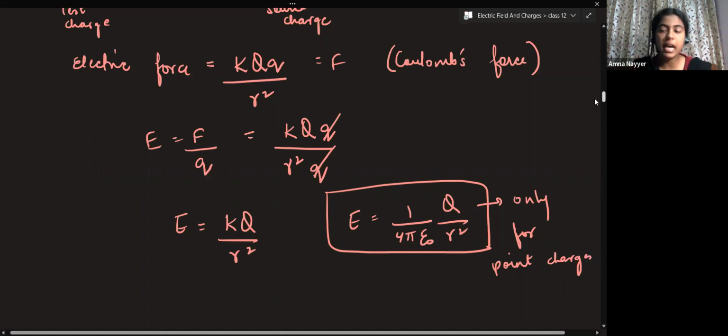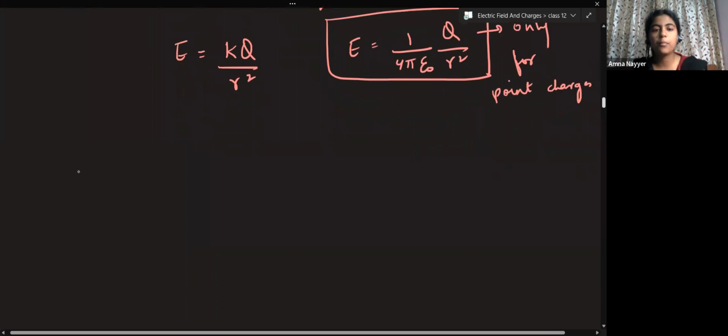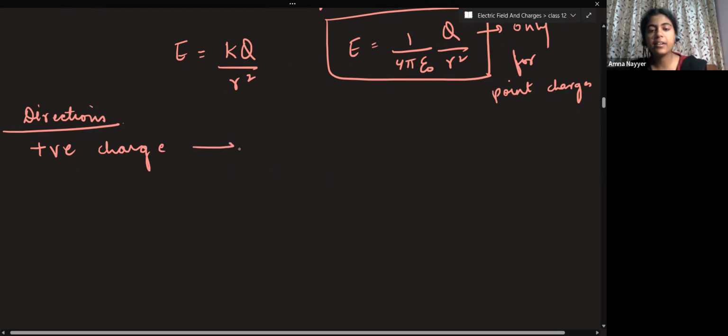Now see again, regarding the directions. For a positive charge, electric field will be away from the charge. Why will it be away from the charge?